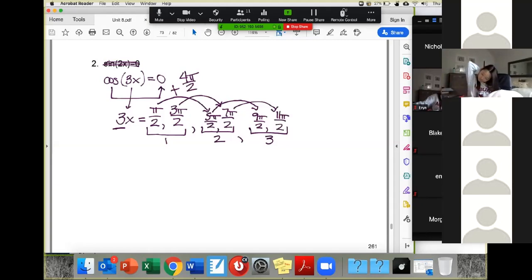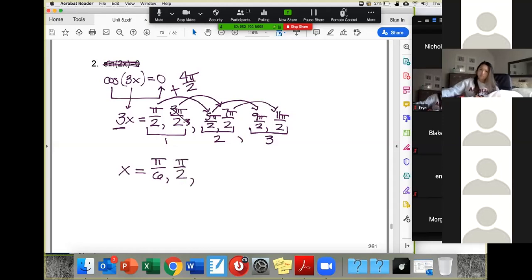To get my absolute final answers, my last step is going to be to do what? Divide by 3. Now, you can do this in 2 steps. You can start by multiplying 3 on the bottom to all of them, but some of them will reduce. So for example, multiplying 3 on the first one on the bottom makes it pi over 6. But if I do that on the bottom here, that's going to reduce and make pi over 2.